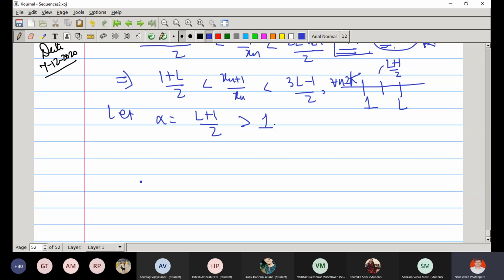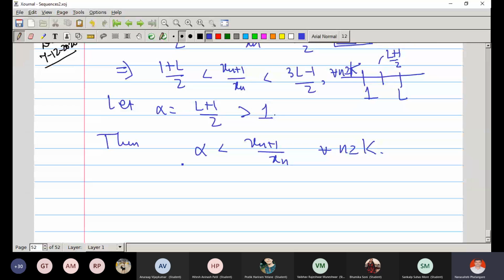Then can I say that alpha is less than xn plus 1 upon xn for all n greater equal k? Is it correct now? Yes, sir. So alpha times xn is less than xn plus 1 for all n greater equal k. For every n greater equal k, this is true.